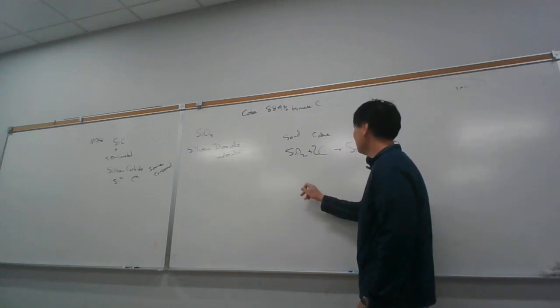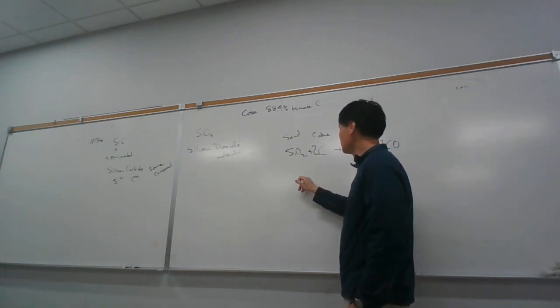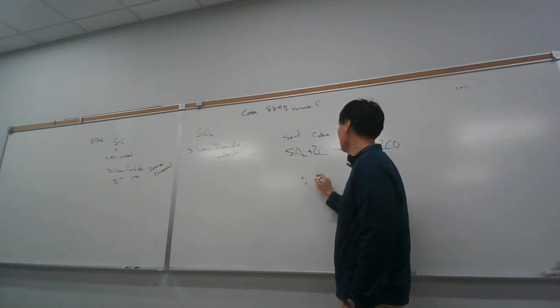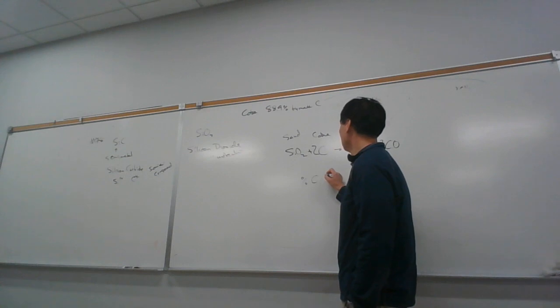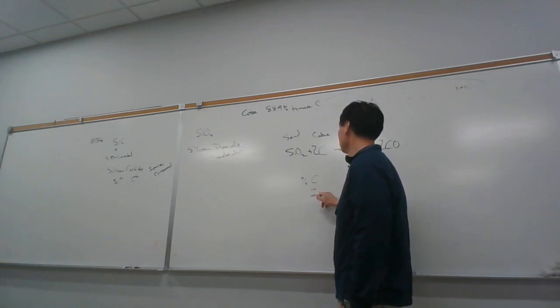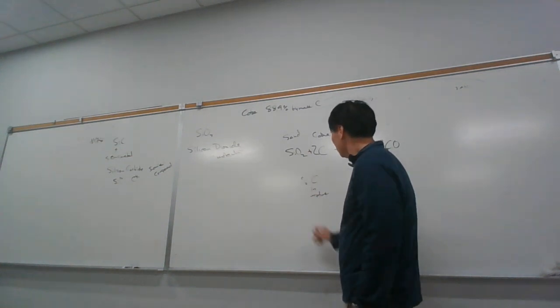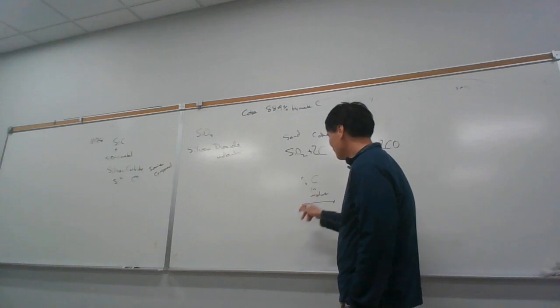So this is our stoichiometry map. We're going to start off with the percent carbon here in mixture. Actually, this one, we're not going to start. We're going to start with this.